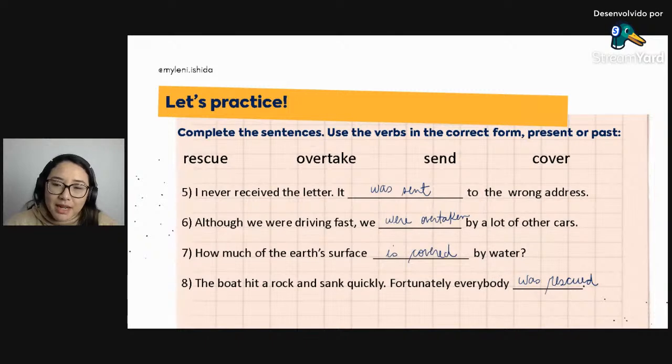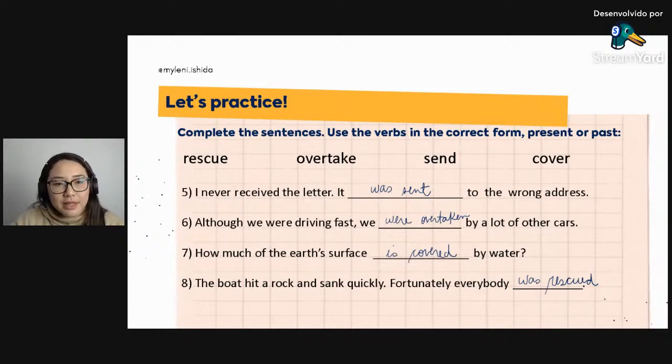When I have everybody, I have to conjugate the verb to be as if it was he, she, it. Okay? So I put was. Everybody was rescued, right? The idea of today's class, of course, is a complex topic, and we will not be able to practice here all the verb tenses in the passive voice, okay?